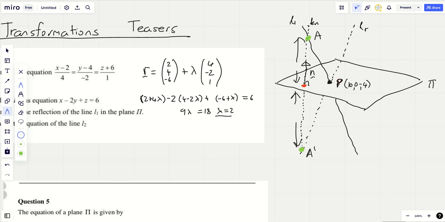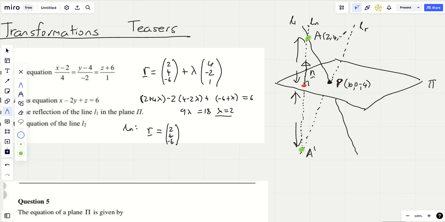I'm going to find an equation for Lm. Now, each step, though, isn't really that difficult by itself. If we want the equation for Lm, we need the direction of the line and we need a point on the line. Well, funnily enough, we've got that straight away because the point on the line is just simply A again. So A is the point (2, 4, minus 6) in this example.